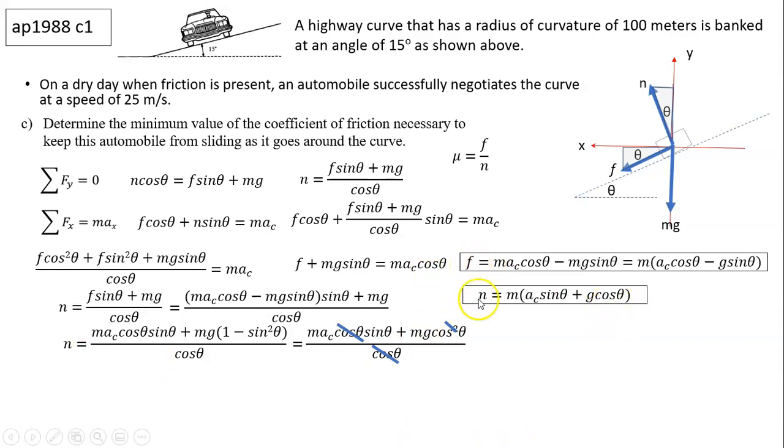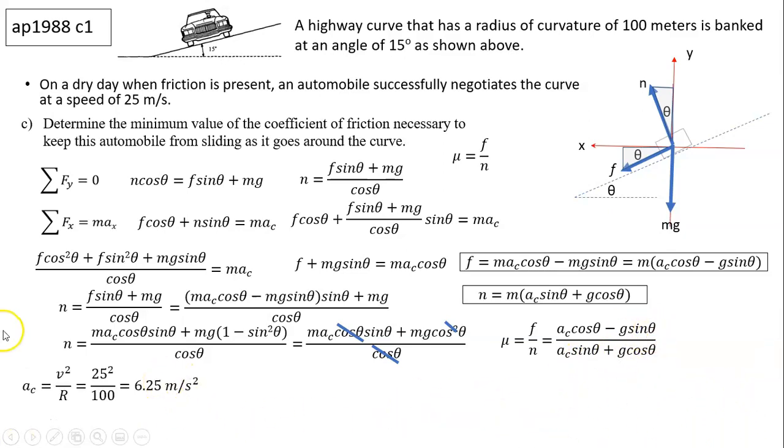Now we have both F and N, we can find mu. Mu equals F over N, and m and m cancel out. The top has ac cosine theta minus g sine theta. On the denominator, we have ac sine theta plus g cosine theta. Next part, what is ac? ac equals v squared over r. That's the centripetal acceleration.